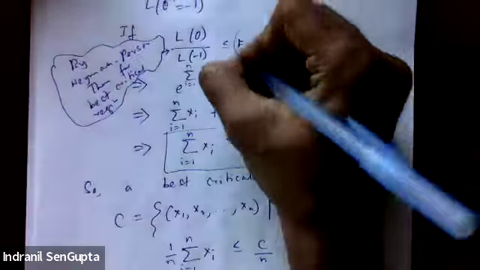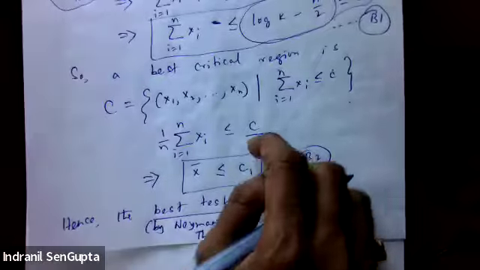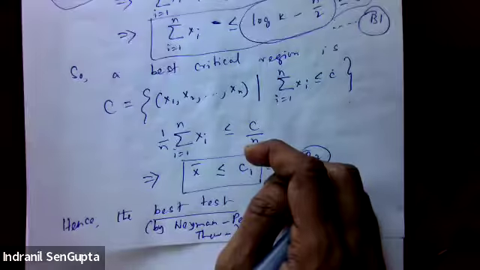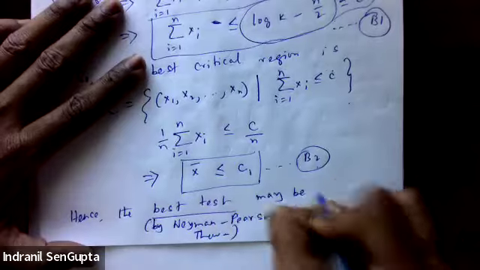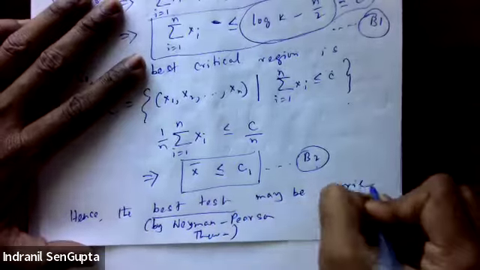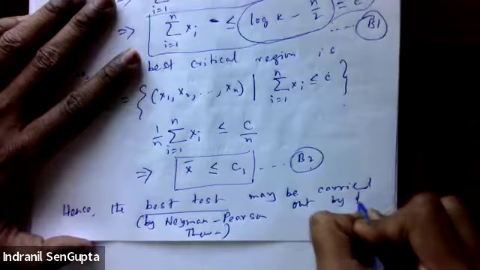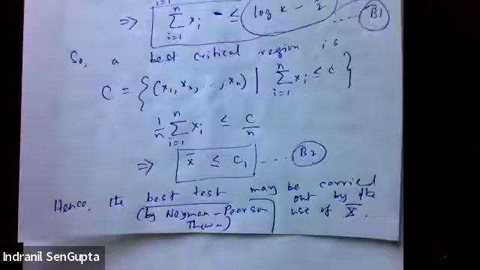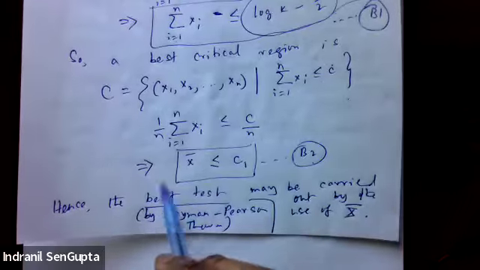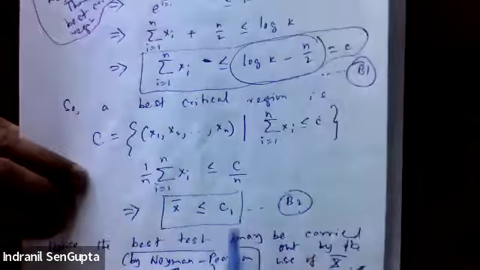We need this. So what we found is, therefore, the best test may be carried out by the use of X bar. That's it, because we used X bar here. So that is the first part. Basically this region is the same as this one, and the best test can be carried out this way.